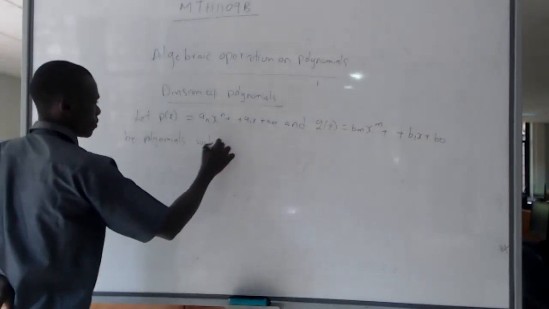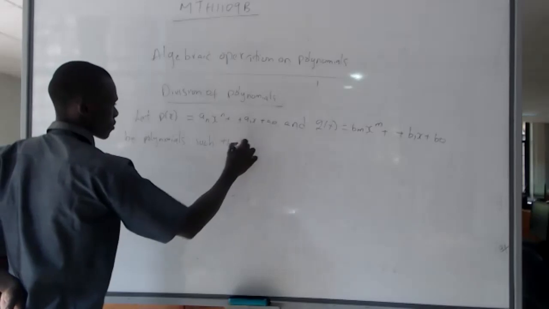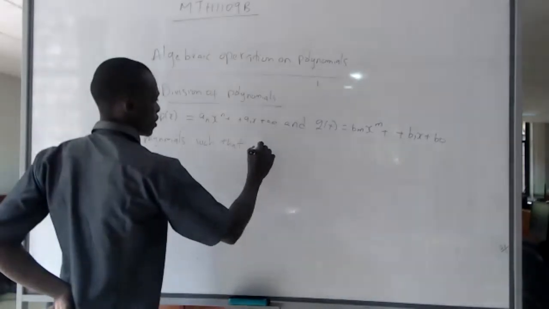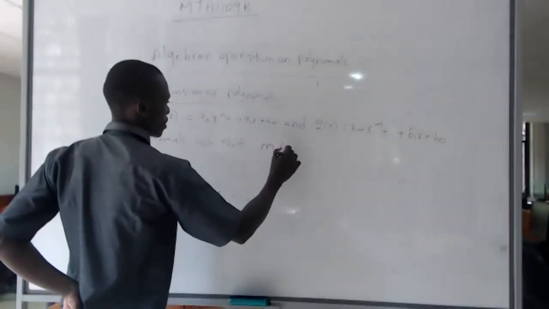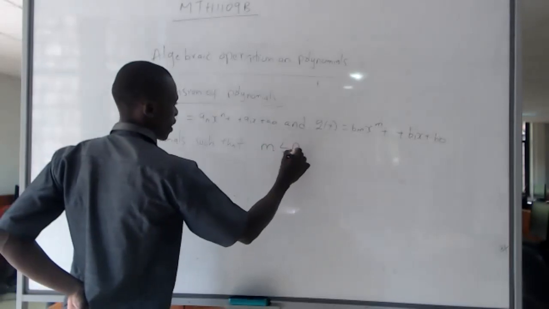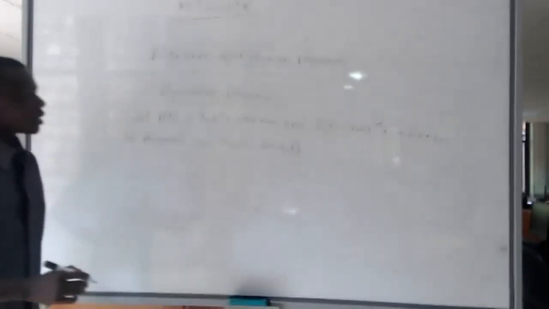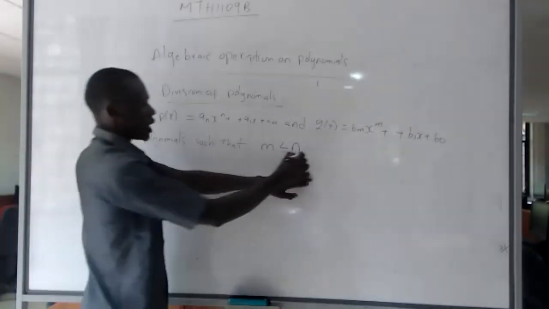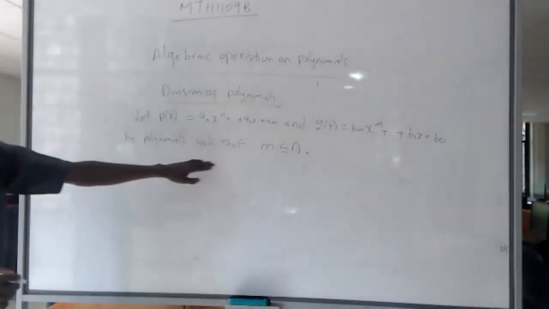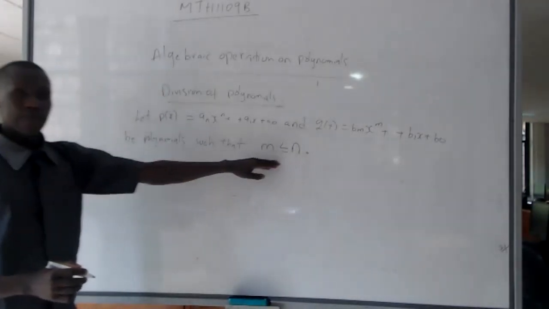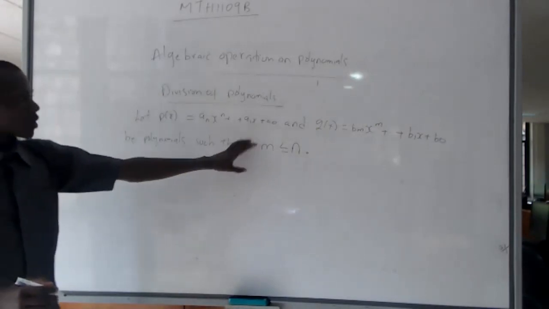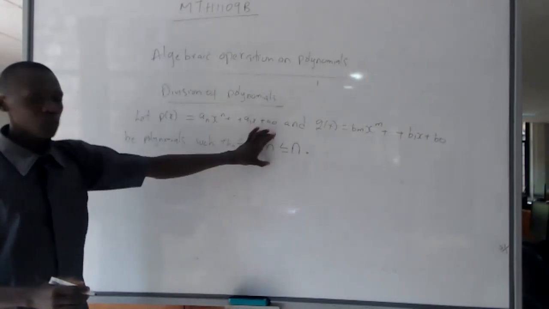Such that m is less or equal to n. I hope you understand what I mean by m is less or equal to n. Yes, we do. Are we all at peace with this?